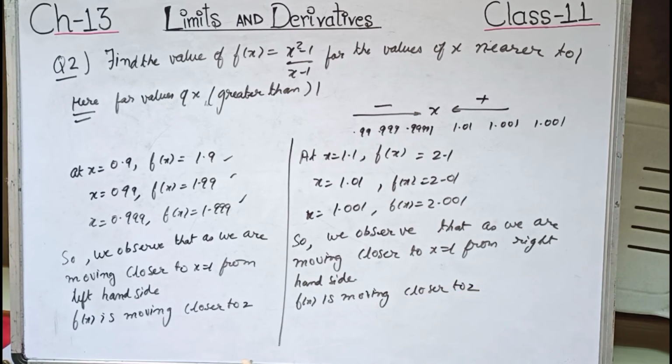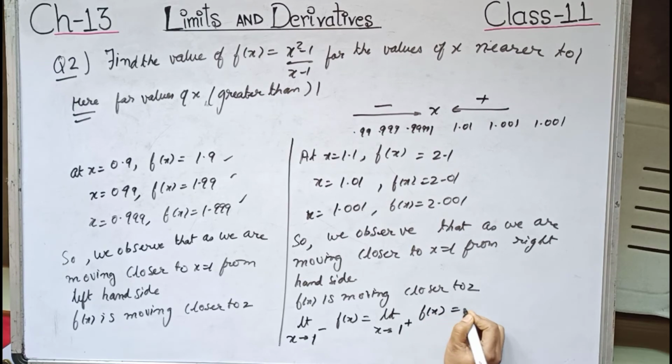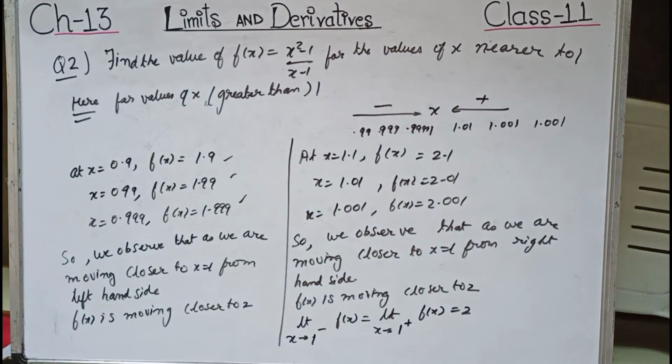So we can say over here that limit x tending to 1 minus f(x) equals limit x tending to 1 plus f(x) equals 2. So children, what we observe over here is left hand limit equals right hand limit equals 2.